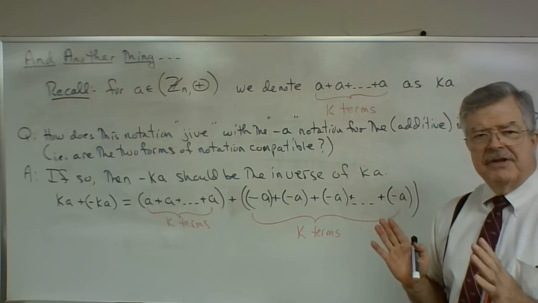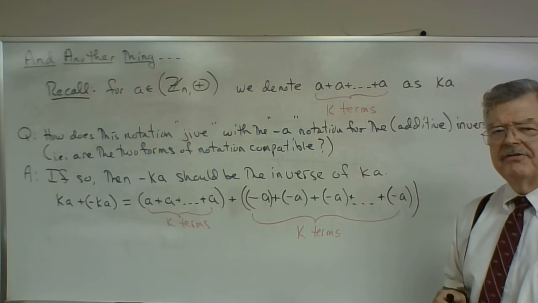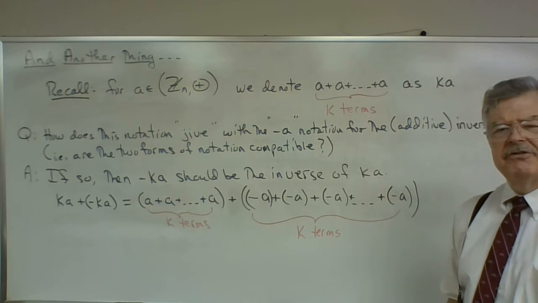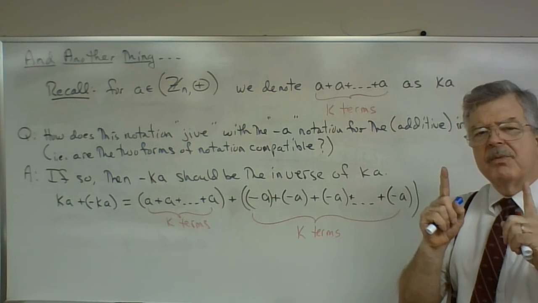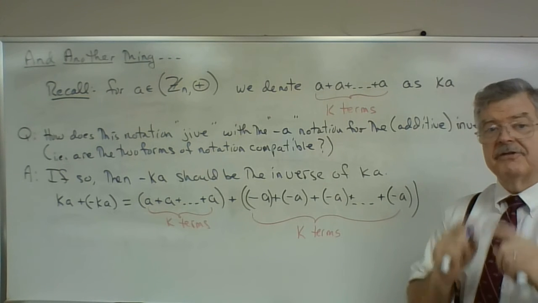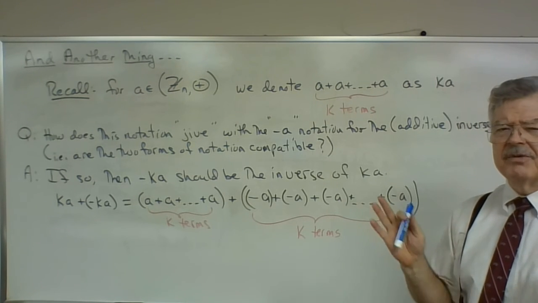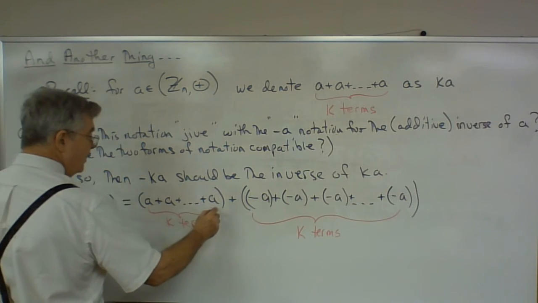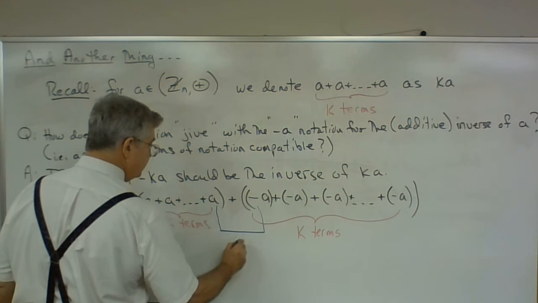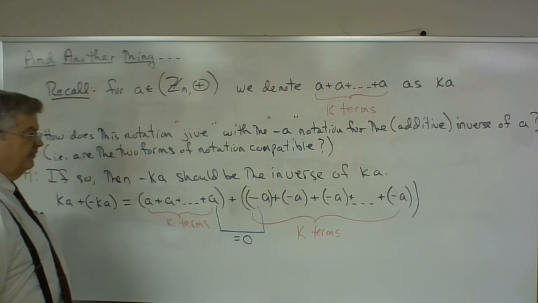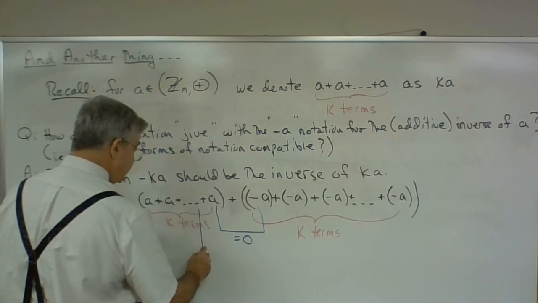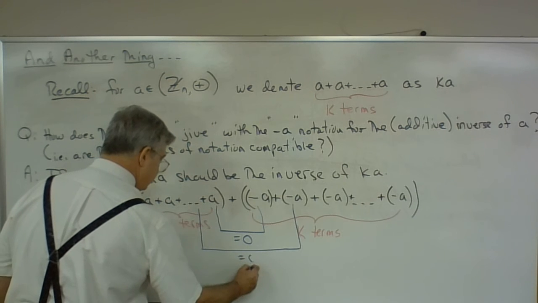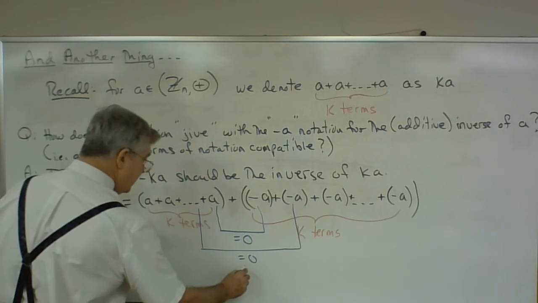And we can associate adjacent elements in this sum any way that we want. We can take any two adjacent terms and associate them with one another before we associate any other elements together. That's what the associative law says. So in particular, we can associate these two things, but that's just 0. And then we can associate the next pair of things, but that's 0. Dot, dot, dot.